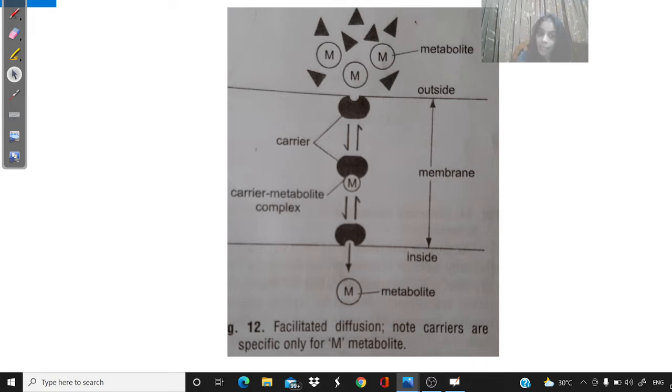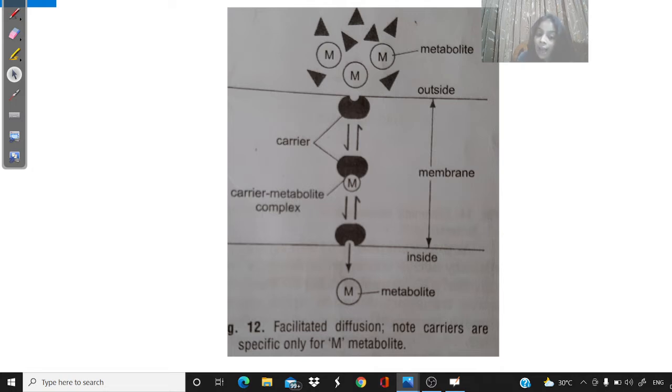So those are called metabolites. So metabolite, what happens is, this is the cell membrane. The cell membrane has got a carrier protein attached to it. Metabolite comes and lodges itself to the carrier, forms a carrier metabolite complex, as you can see.